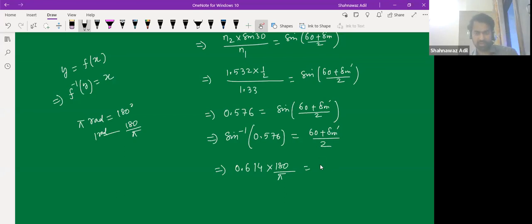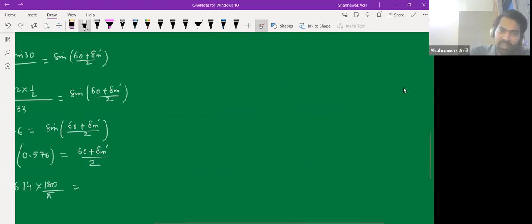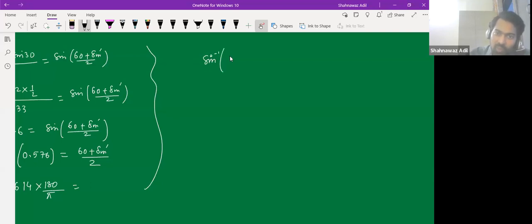Sir, can you please explain how to get sine inverse? Yeah, I googled this value. They will give simple values. Let me explain this. Let's say they ask what is sine inverse of 1 by 2.